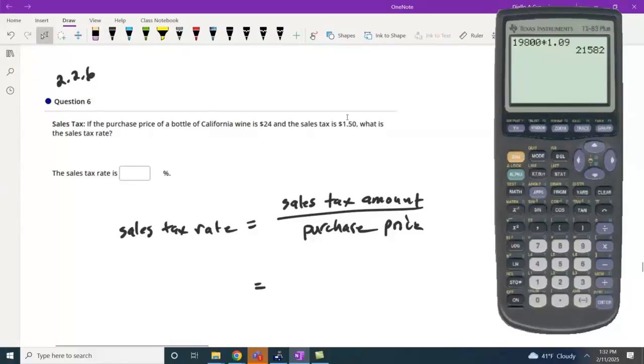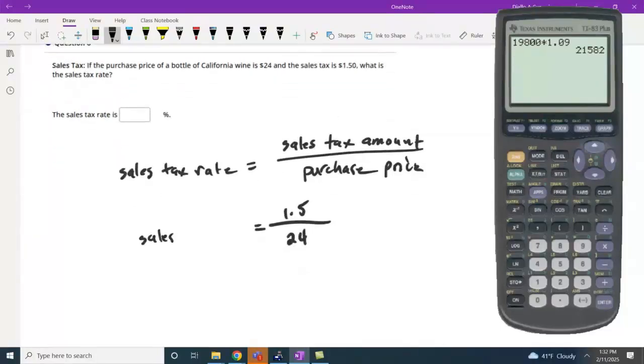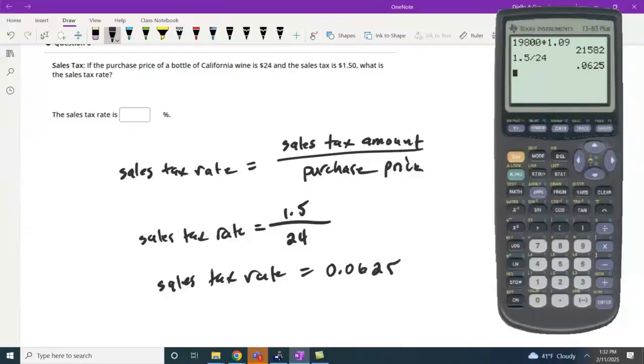So the sales tax amount was $1.50. So that's 1.5. We're going to divide that by the purchase price of the wine, which is $24. So that's 1.5 divided by 24. And we get 0.0625.